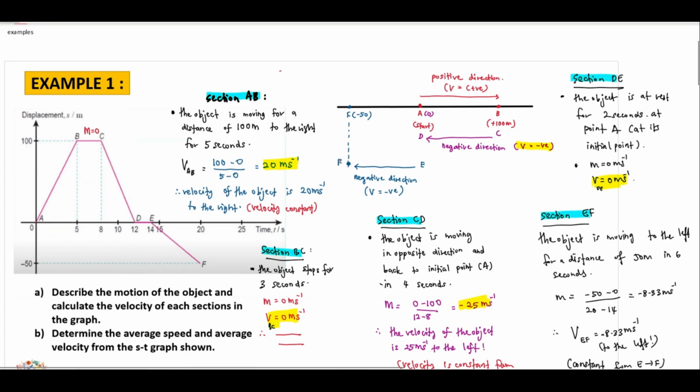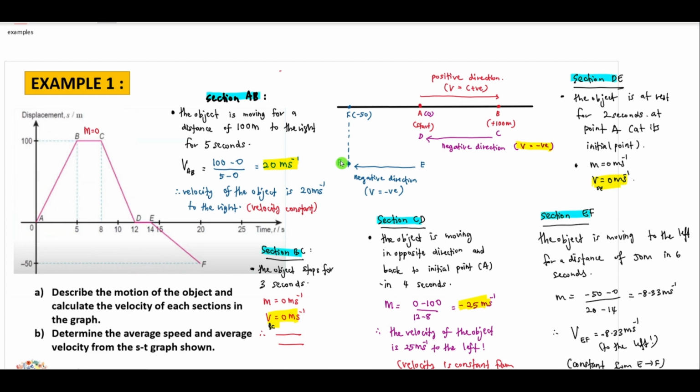But now, look at here. Okay, so the object is moving from here, 0 to 100 meter, positive 100. Lepas itu tidak bergerak from B to C. And then from C to D, dia patah balik. Okay, dia patah balik from C to D. So, bila dia patah balik, what happened? The value of the displacement should be negative 100.